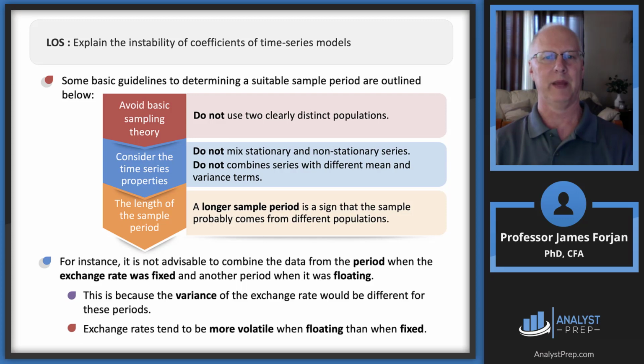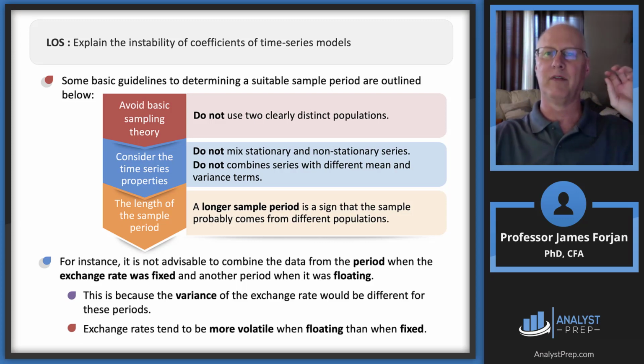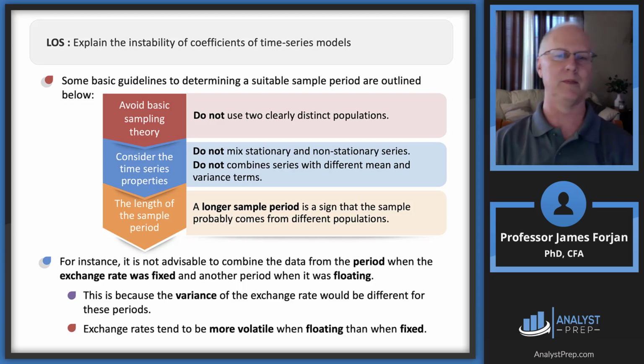All right, how about some basic guidelines to determine a suitable sample period? All right, so avoid basic sampling theory, right? Do not use two clearly distinct populations, right? We don't want to say LeBron James' number of foul shots when he was an all-star in the NBA versus the number of foul shots he made when he was 5 years old and he could barely get the ball up to the basket, right?